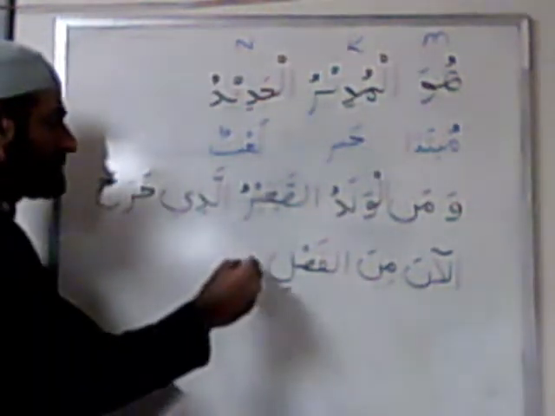ومن الولد الصغير الذي خرج الآن من الفصل. Once again, it's a question. So let's try to translate it first. ومن الولد, the small boy.